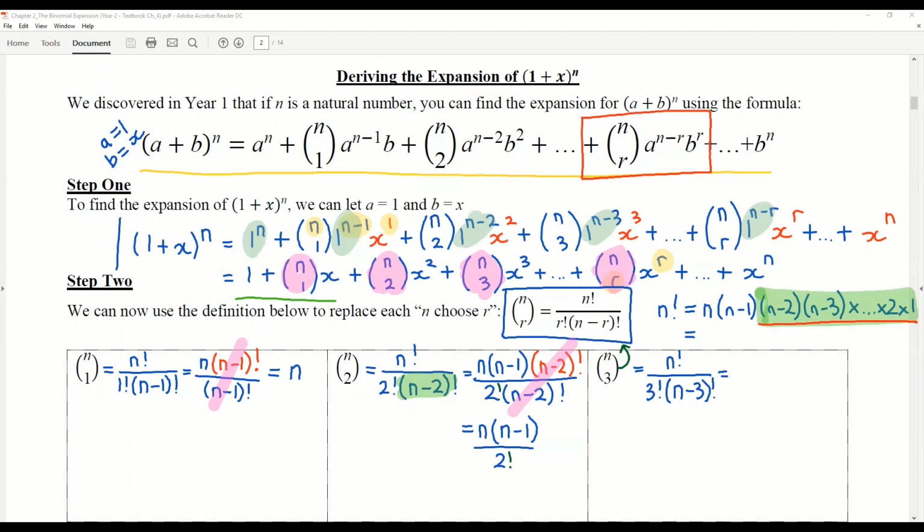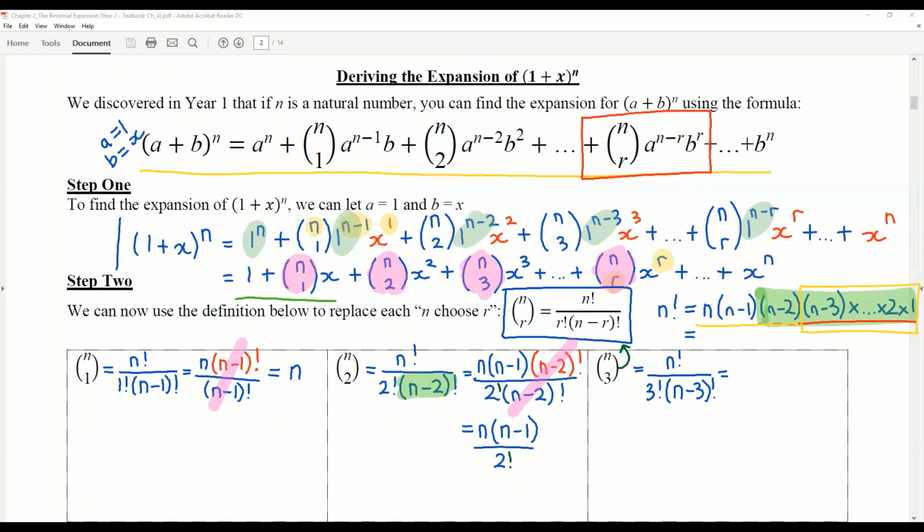Okay? Again, I'll just remind you. n subtract 3 factorial is this, which means I've got n subtract 1, n subtract 2 as coefficients of n minus 3 factorial. I hope that's okay. So let's write this out.